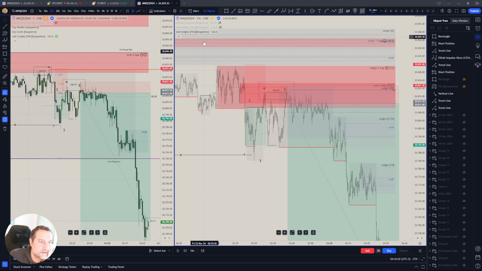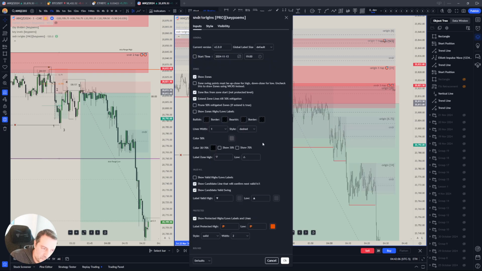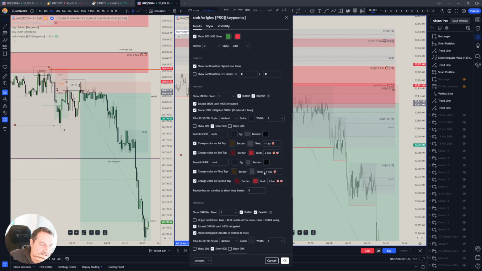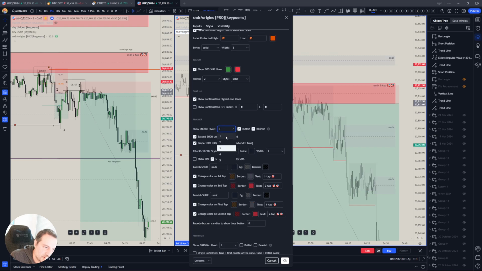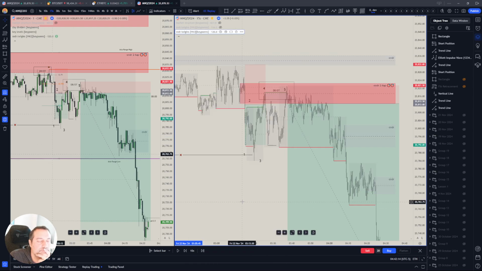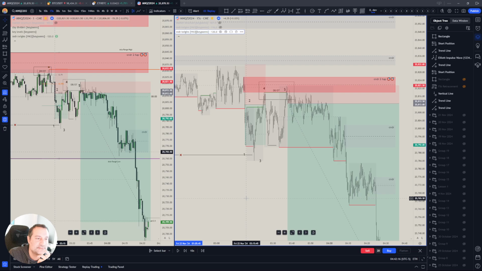Let me play with it and see if maybe the pivot setting helps. Let me remove the origins. Change the pivot setting to 1. Yeah, all right.